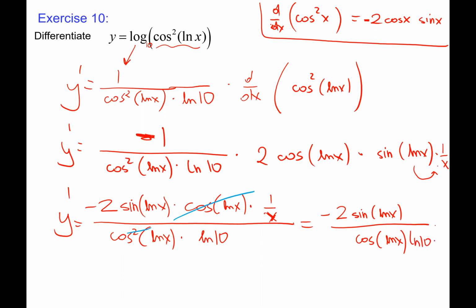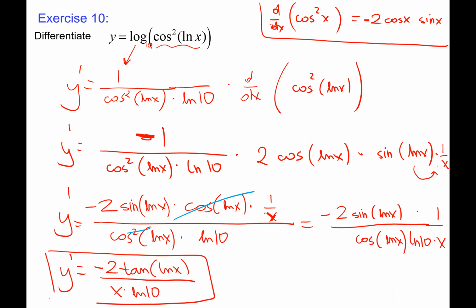I just realized that I have sine and cosine of the same angle, the ratio, which is tangent. So we have negative 2 tangent of ln of x, and the denominator will be just x times natural log of 10. This looks like the most compact final answer. I don't like this negative, let's write it like that.